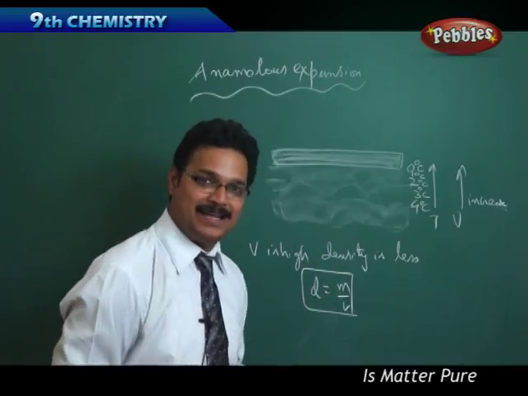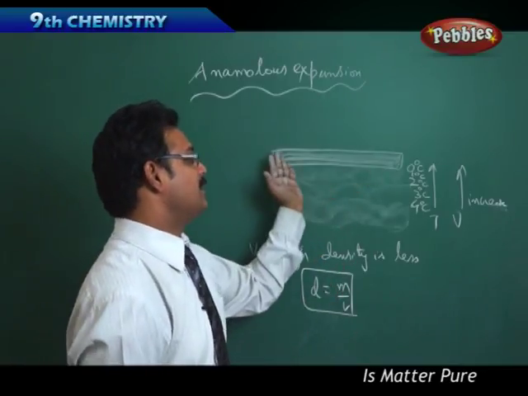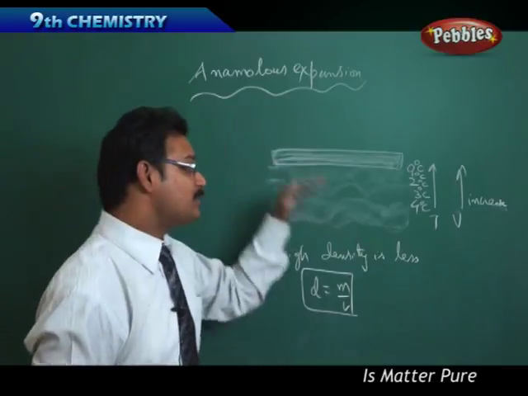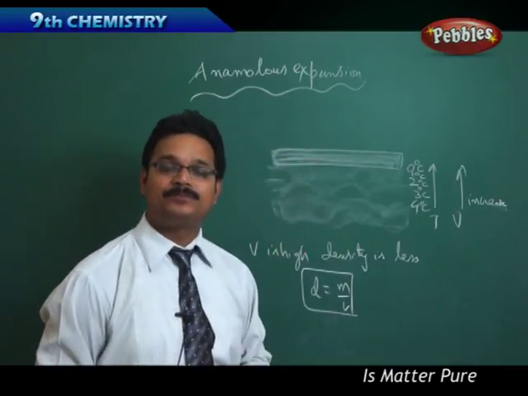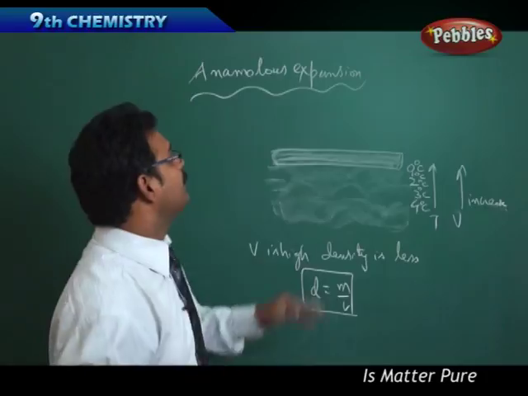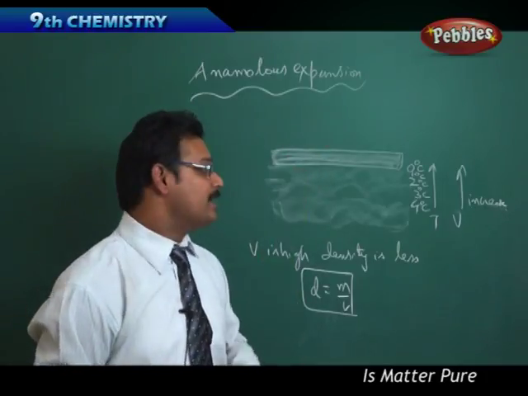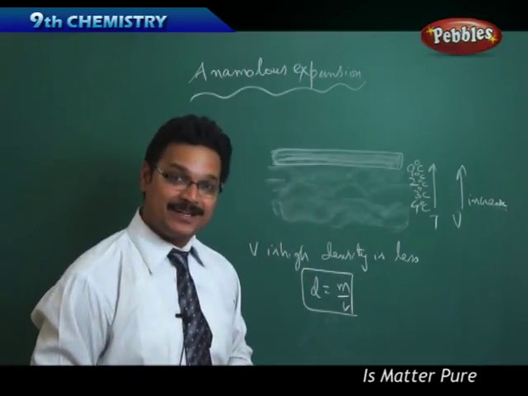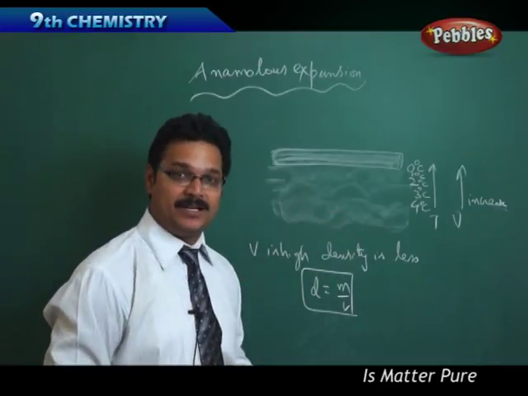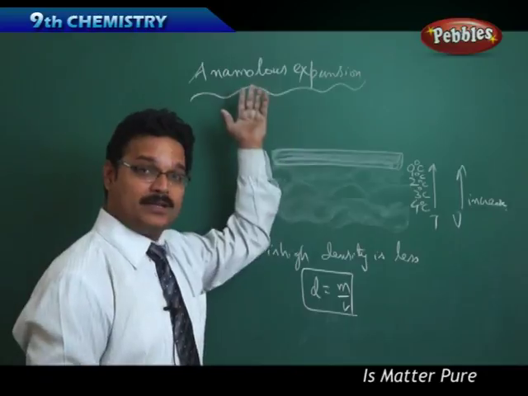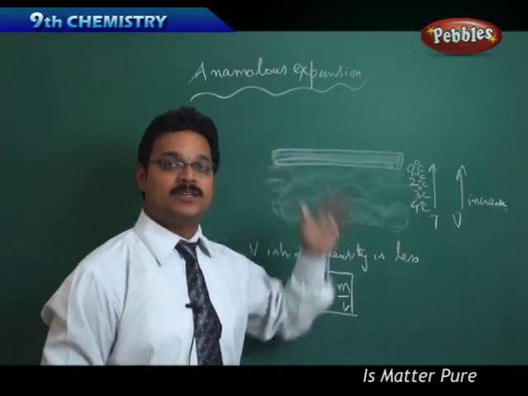And because the density is less at 0 degrees Celsius, the ice sheets start floating on the water. And this is what is called anomalous expansion of water. And these ice sheets protect the aquatic animals inside the lake from the sun's temperature.